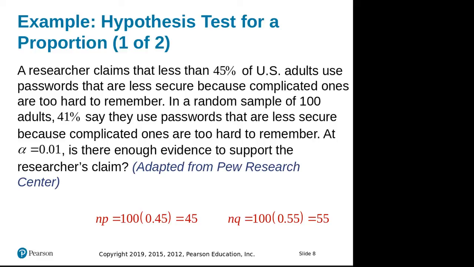This could be a gradated thing, but because we're looking at one bin, and that one bin is the less secure bin, we can look at the less secure bin and everything else, the 0.45 and the 0.55. So we take a random sample of 100 adults, and 41% say they use passwords that are less secure because complicated ones are too hard to remember. At a significance level of 0.01, is there enough evidence to support the researcher's claim?